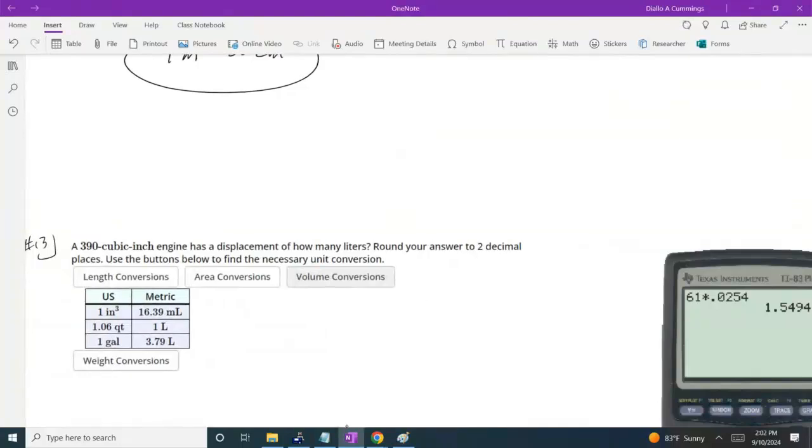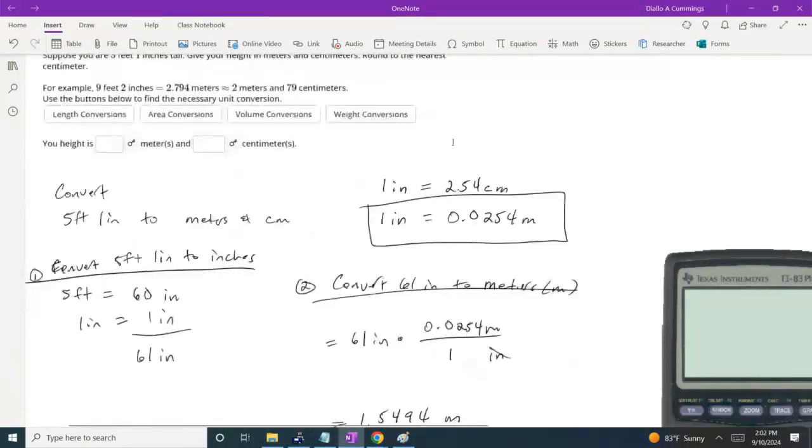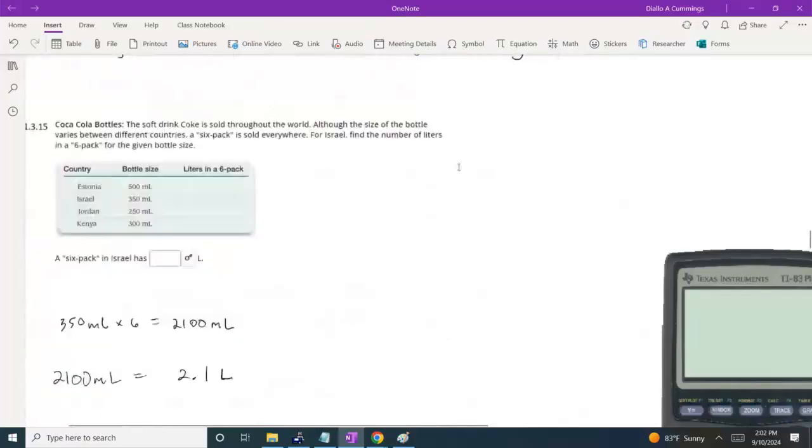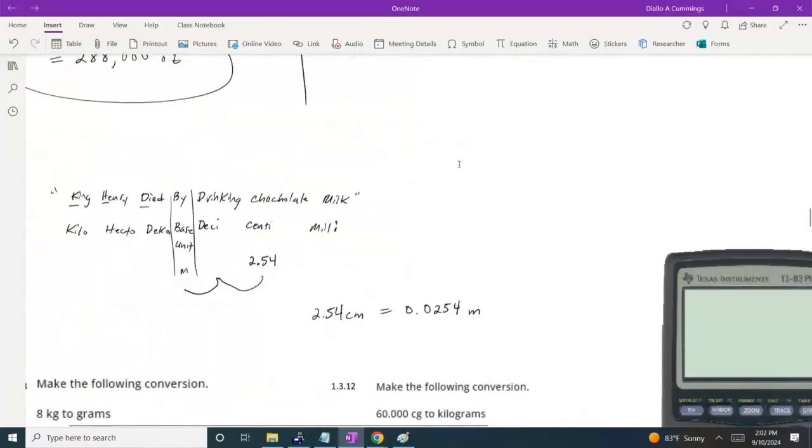All right, I'm going to do the same thing. If 1 cubic inch is equal to 16.39 milliliters, then 1 cubic inch is equal to how many liters? If I go back to the conversion chart, we had 16.39 milliliters.